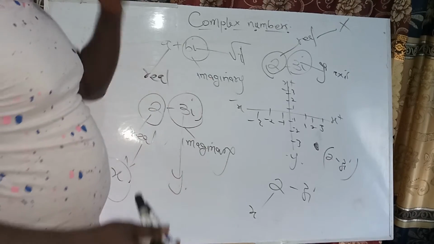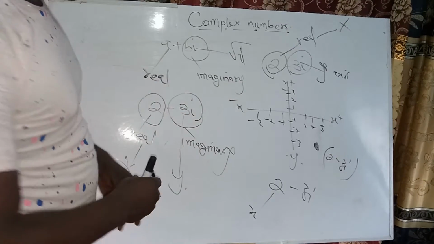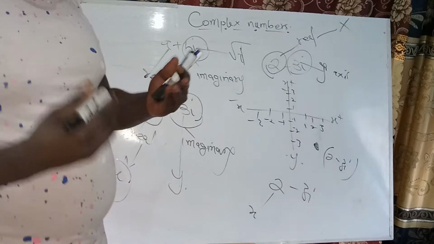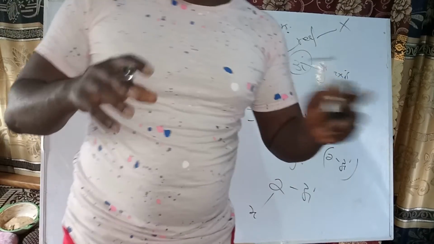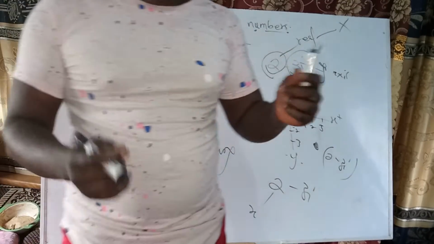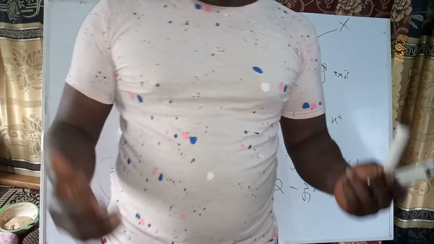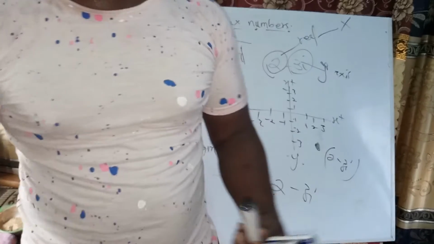So from this side, when they say we should find the conjugate, finding the conjugate simply means finding the opposite of the sign. Let me say plus. Finding the conjugate when it is plus is minus.